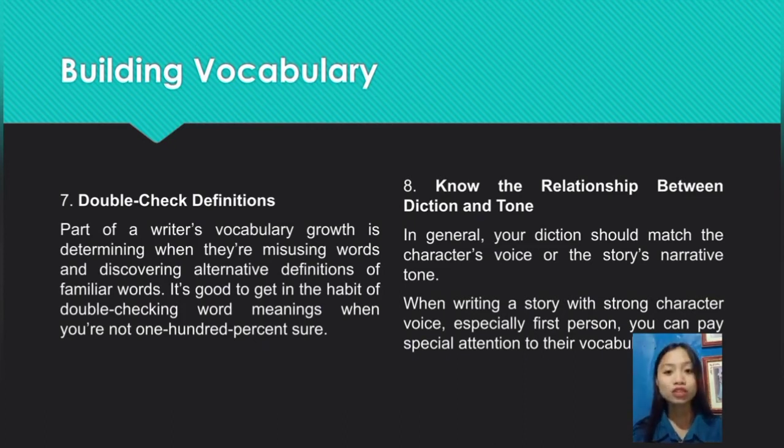Okay? Next, we need to know the relationship between diction and tone. In general, your diction should match the character's voice or the story's narrative tone. So when writing a story with strong character voice, especially first person, you can pay special attention to their vocabulary.